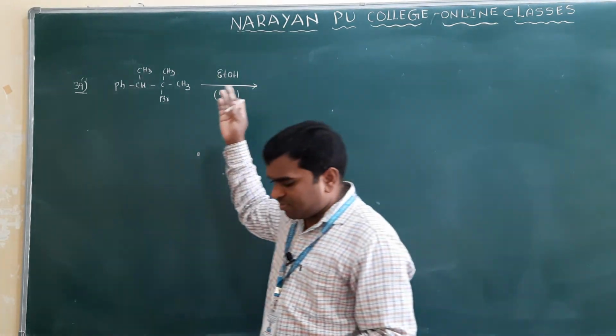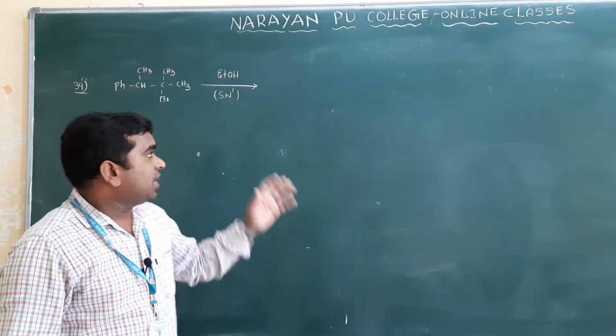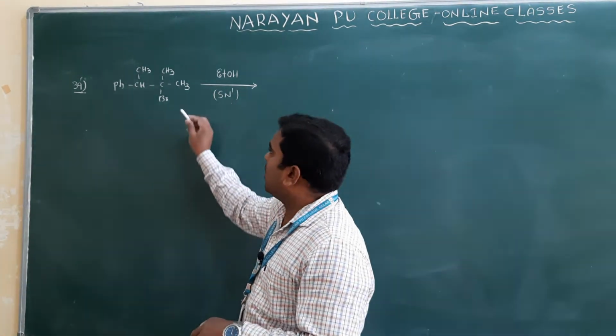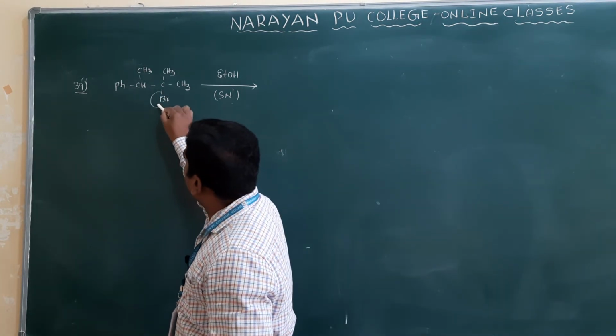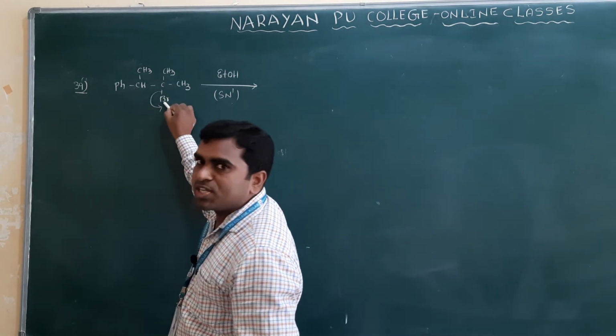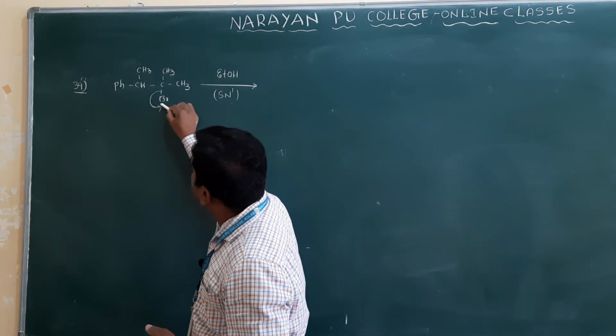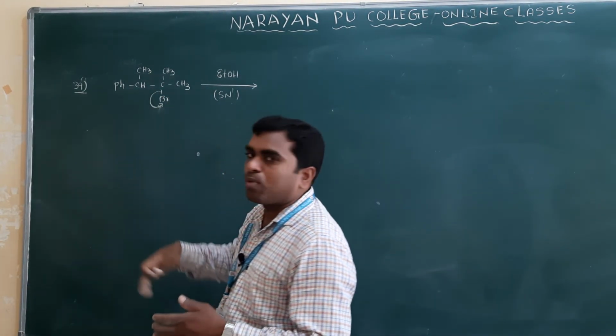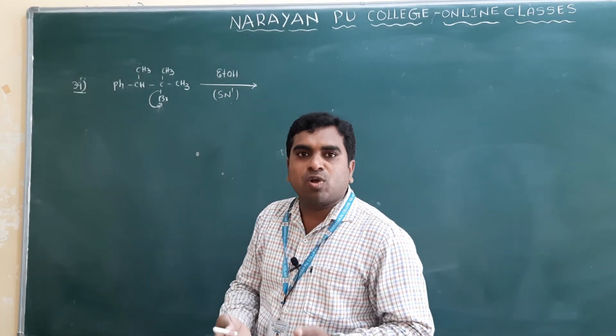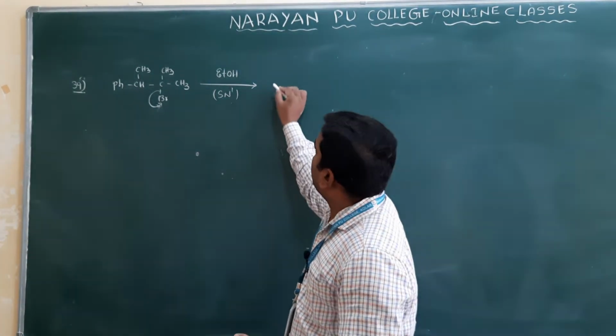So SN1 they have given very clearly. What is the first step? Formation of carbocation. Bromine will be removed. Carbon and bromine, which one is more electronegative? Bromine. Bromine is more electronegative, so this bond's electrons will be taken by bromine. Bromine is gaining an electron, meaning negative charge. Carbon gets the positive charge.